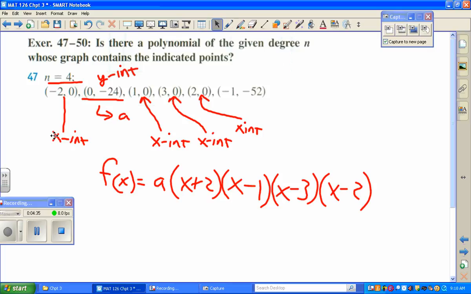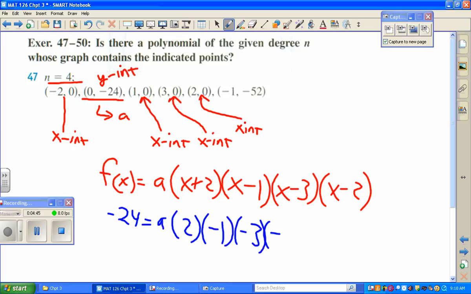We put in 0 for all the x's and set it equal to -24. -24 equals a times 2, -1, -3, and -2. So we have 4 times 3 is 12, right? That's going to be a -12.